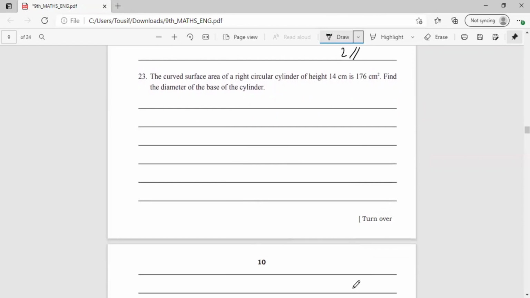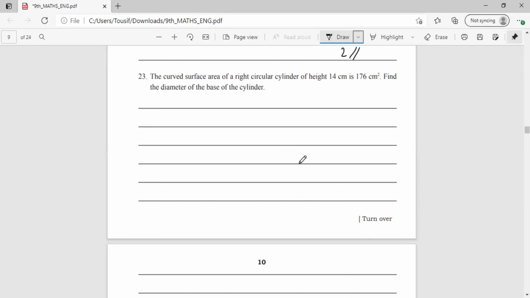It is from the surface area and volume chapter. The curved surface area of a right circular cylinder is given, that is 176 centimeters square, and they're asking you to find the diameter. Height value is given. First of all, we must be familiar with the formula.